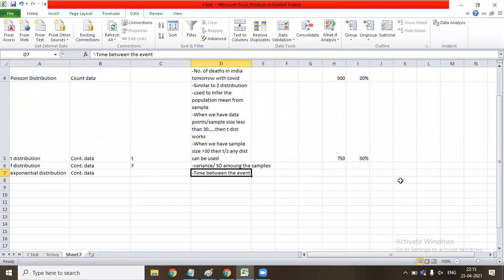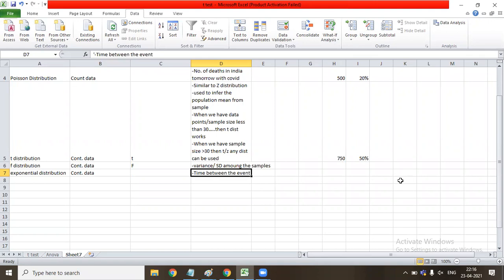Whenever any person comes, you note the time. Person A asked for a pizza at 11:10 and you have delivered the pizza at 11:20. Now the second person came, he asked for the pizza at 11:25. We gave him the pizza at 11:30 only.